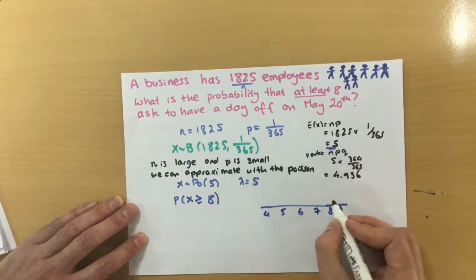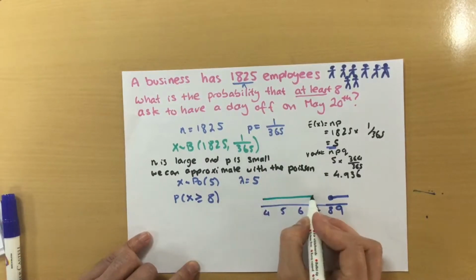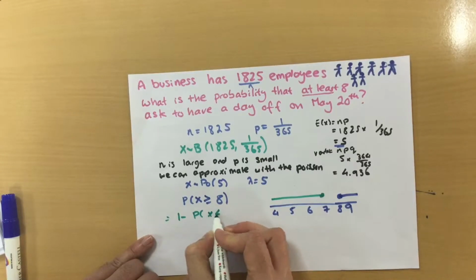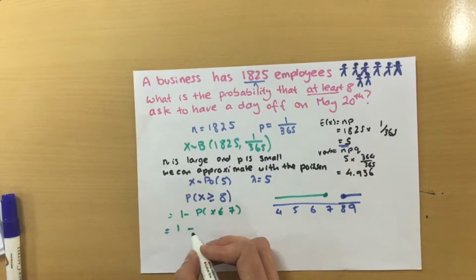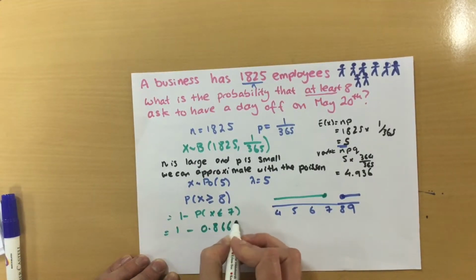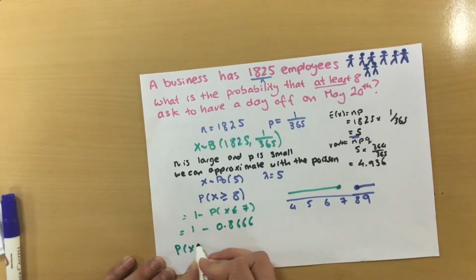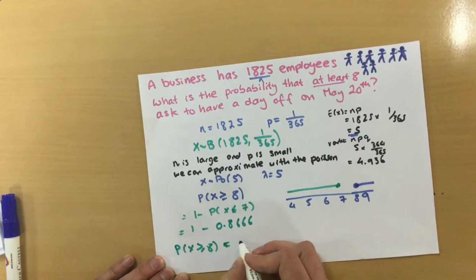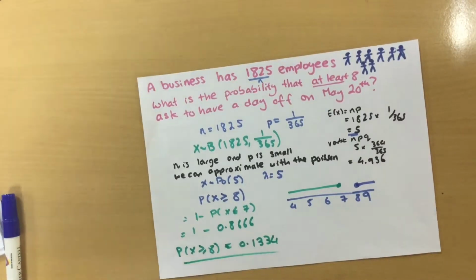We want bigger than or equal to 8, which is the same as 1 minus the chance that X is less than or equal to 7, which we look up in our table, giving 1 minus 0.8666. So the probability that X is bigger than or equal to 8 is approximately 0.1334. And that is good enough for us.